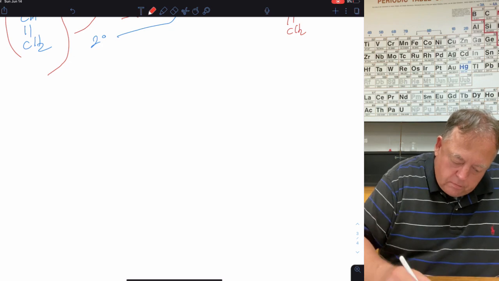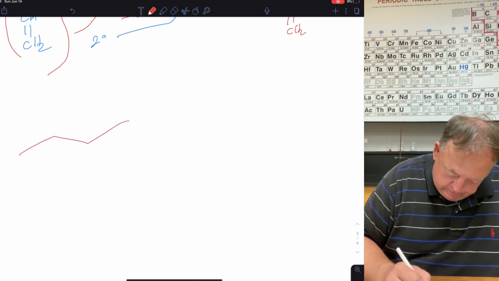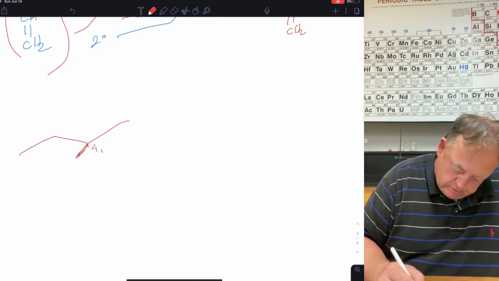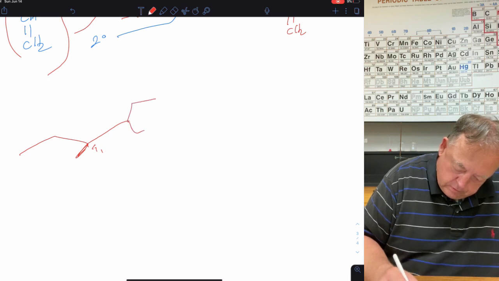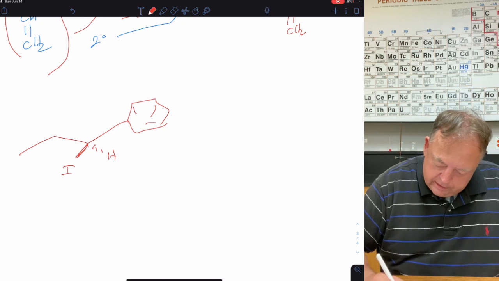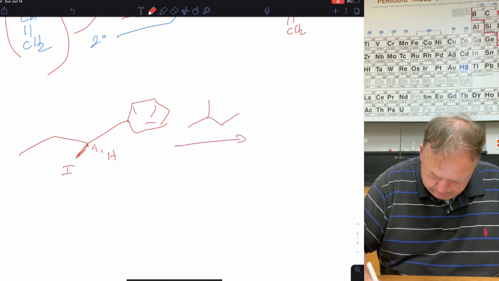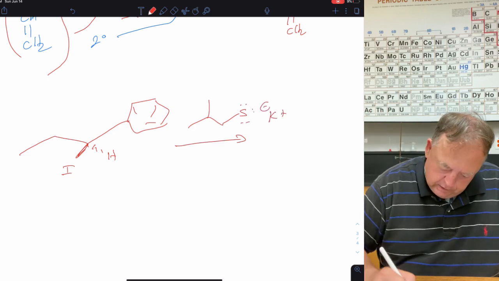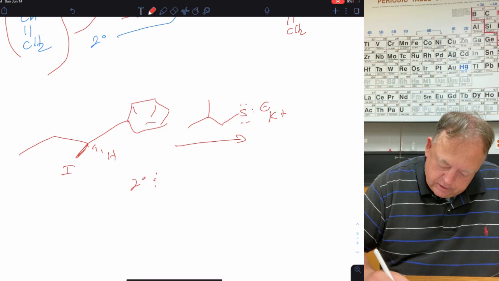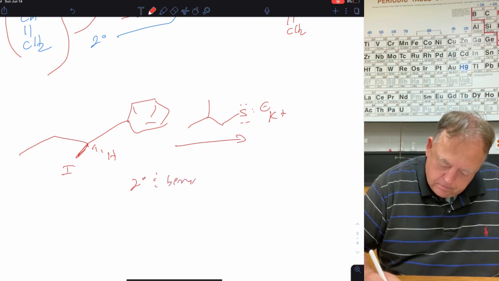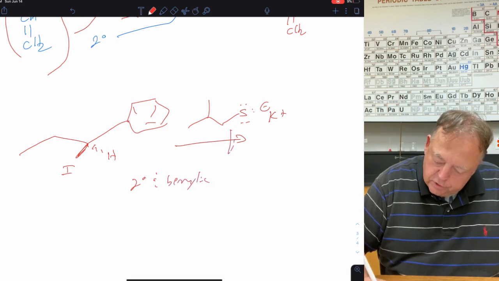Or in more simple molecules, if we had that, for example, with a nucleophile, so that's a secondary and benzylic alkyl halide, and that's a good nucleophile.